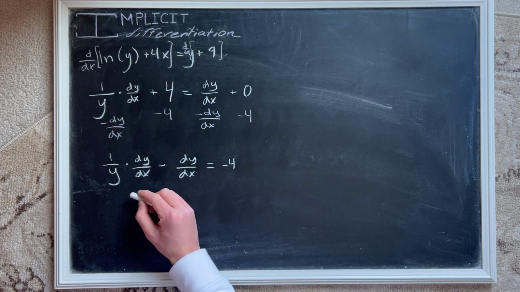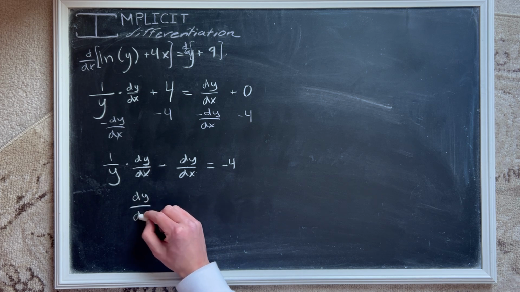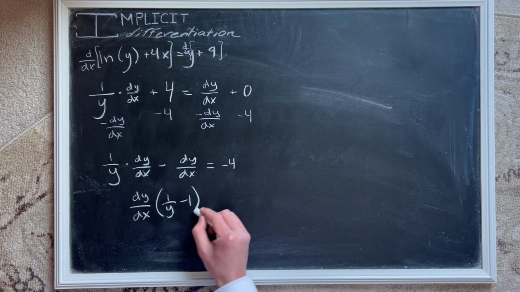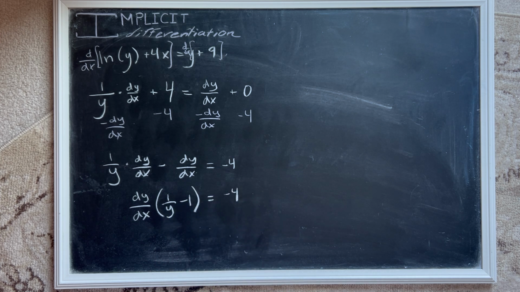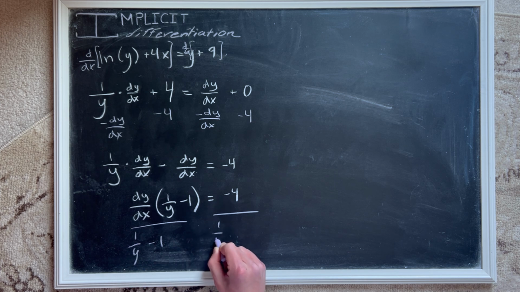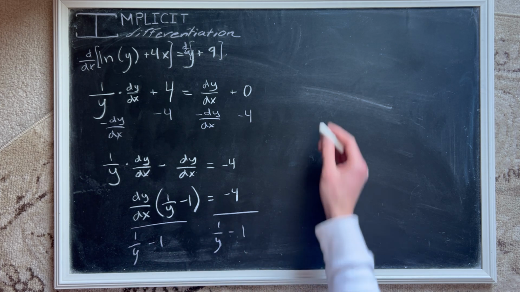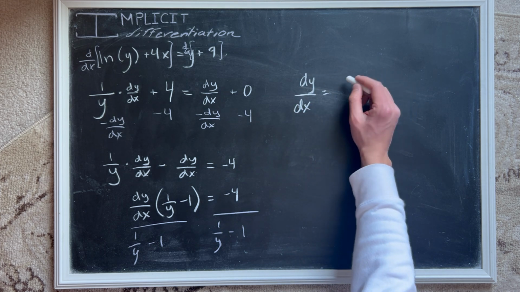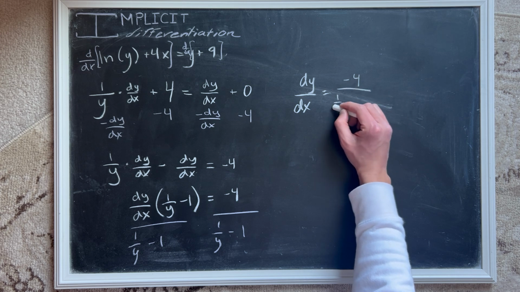So we can factor out dy over dx. And then that is 1 over y minus 1 equals negative 4. Finally, we'll divide by 1 over y minus 1. And then we get that dy over dx equals negative 4 over 1 over y minus 1.